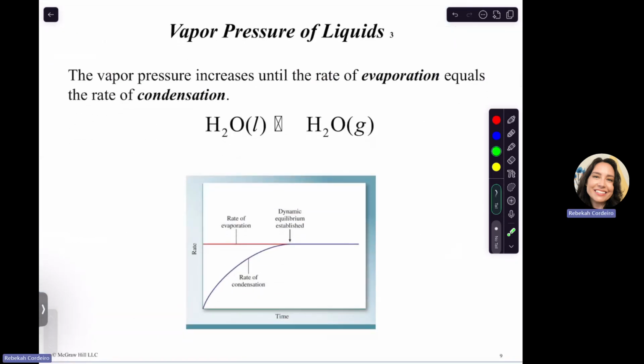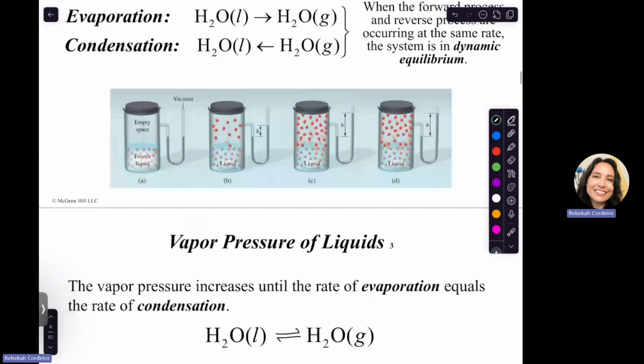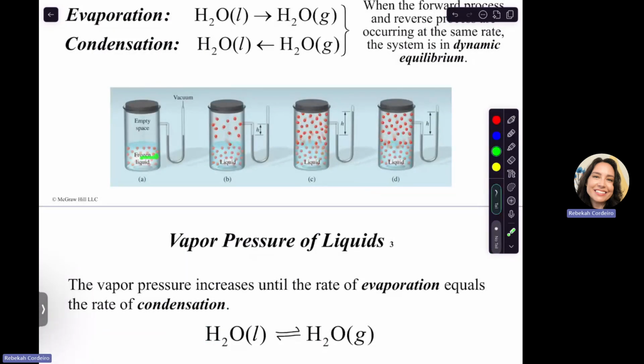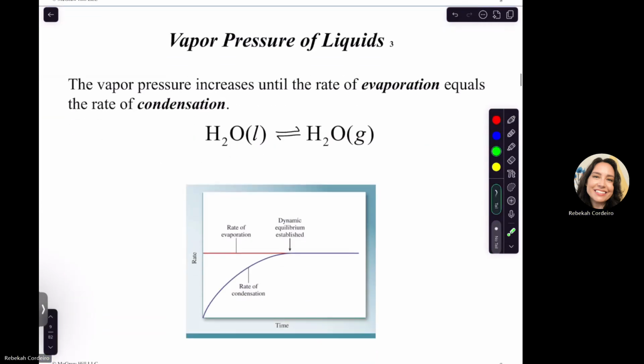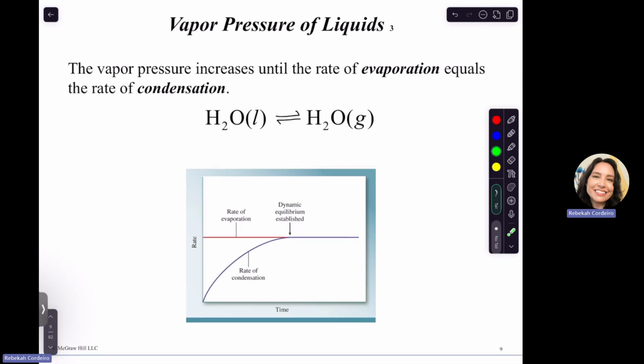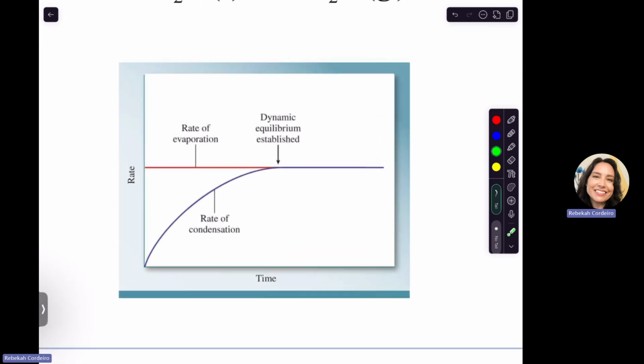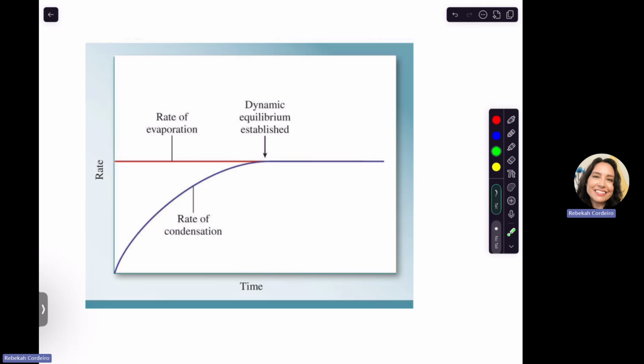Oh, hold on, this is talking about a graphical representation of this. Vapor pressure starts off at 0 and increases until it stops changing. That's the rate of evaporation versus the rate of condensation. So we look at a graph of rate versus time.